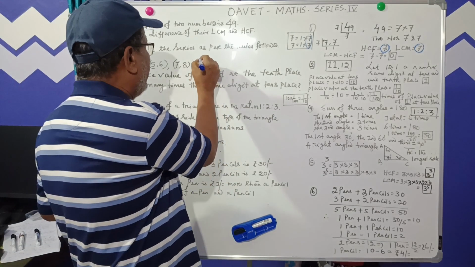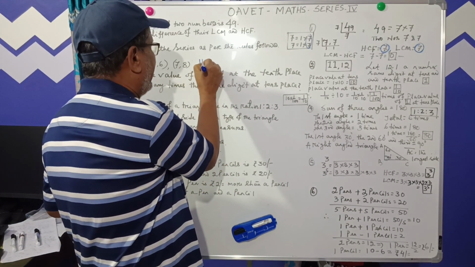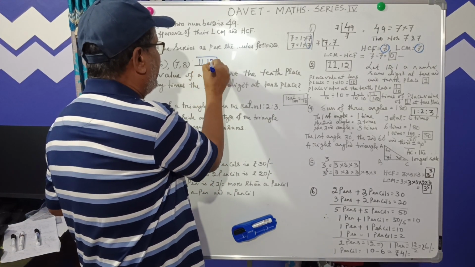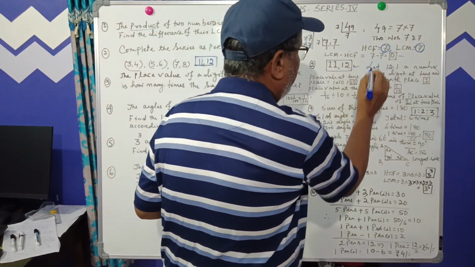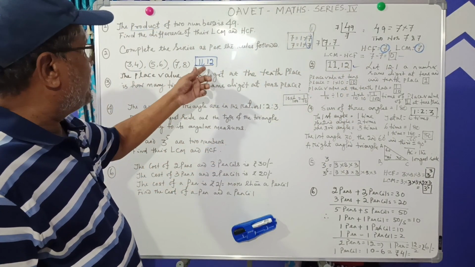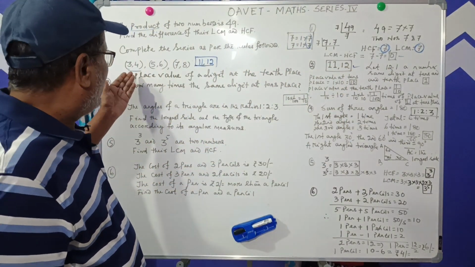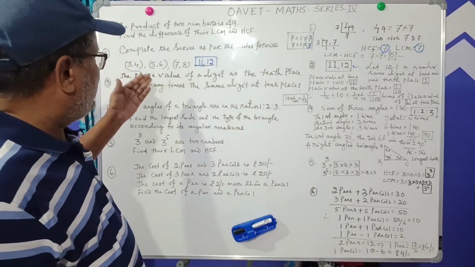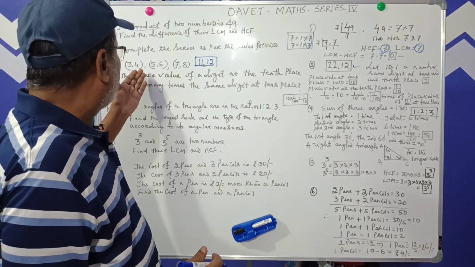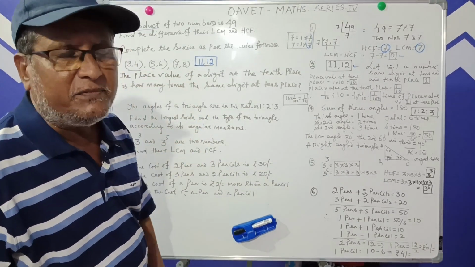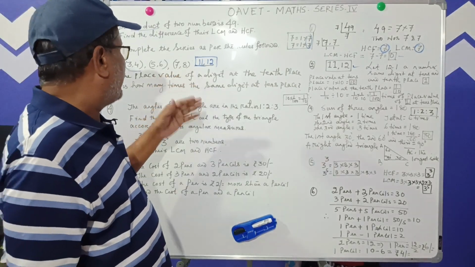The next one will be 11 and 12, that we have mentioned here. So you have to find out the logic behind the series. It is very simple.